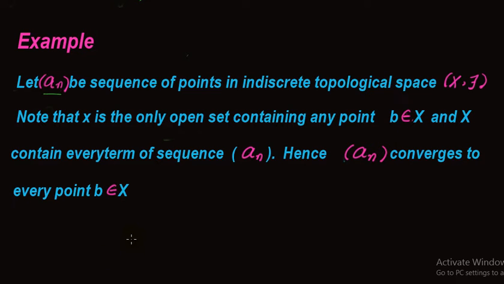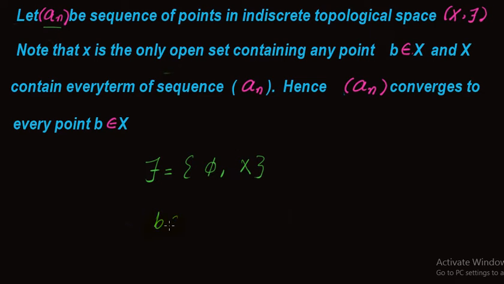We know that an indiscrete topological space, or a trivial topological space, consists of only two open sets, which are the set phi and the ground set X. Note that X is the only non-empty open set containing any point b belongs to X.